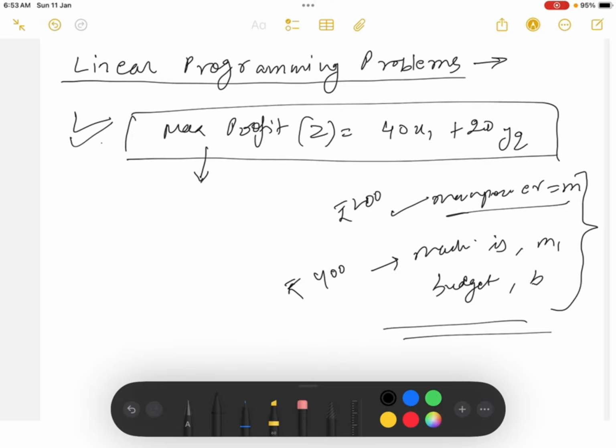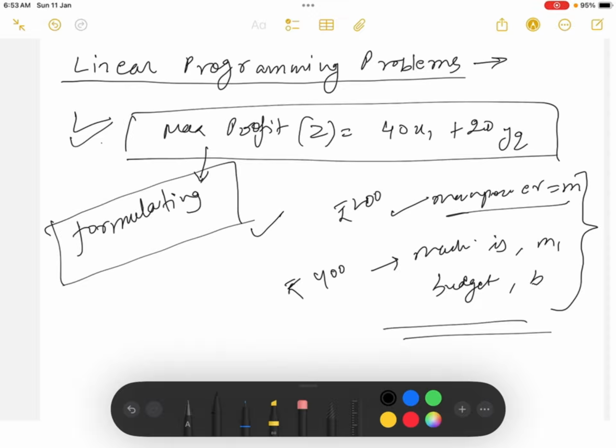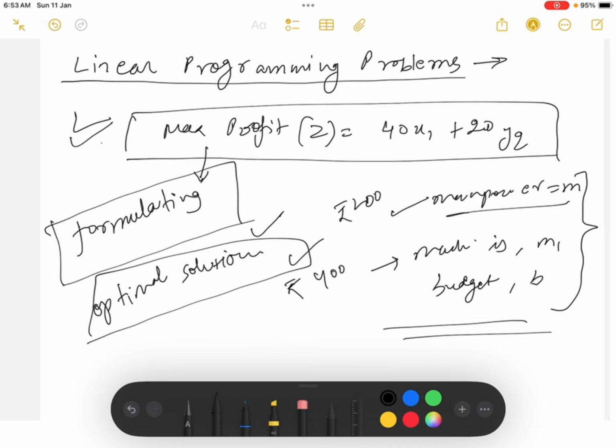Further, we will start by formulating some linear programming problems, because before you can get to an optimal solution, which is the main focus of LPP, that is optimal solution finding. So what is an optimal solution? If you have to maximize this profit, then there could be n number of machines and m number of, for example, manpower, and also time and everything which is constrained in nature.